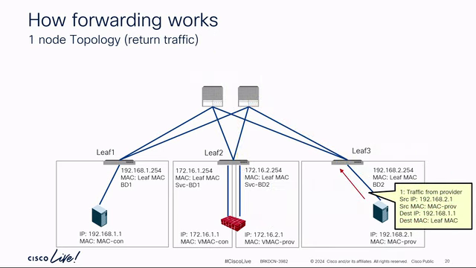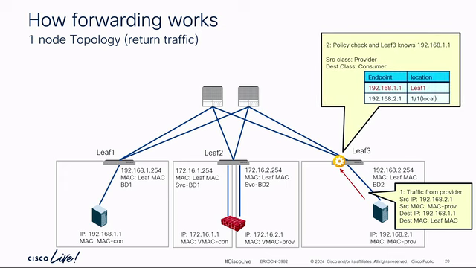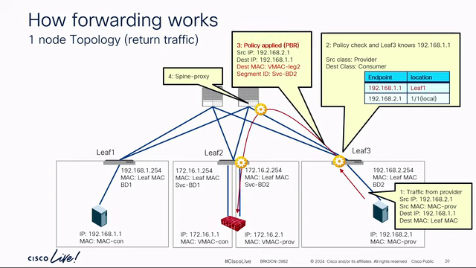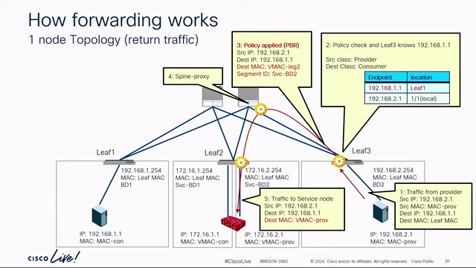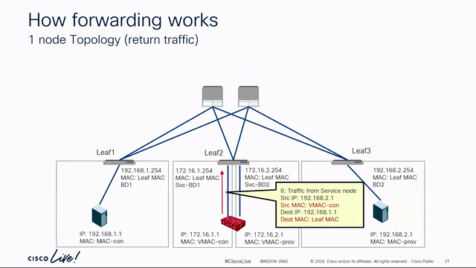Then the return traffic from 2.1 back to 1.1: now that leaf 3, the ingress leaf, knows the destination, policy can be applied on the ingress. Then rewriting destination MAC, this time it's going to be the provider side of the firewall. And then traffic is arriving on the firewall, routed, security is enforced, and then going to the destination.